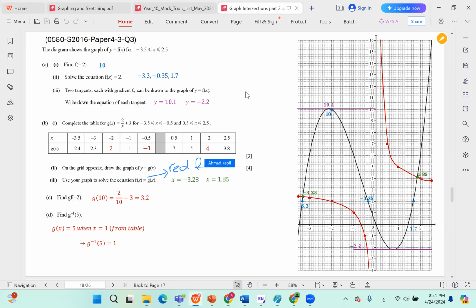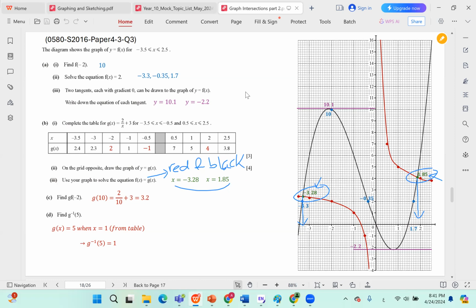So where does the red curve that we drew intersect the black curve that is already drawn in the question? We just find the intersection points, and they are labeled in green here. For these two intersection points, we find their x values on the x-axis, and we get 1.85 and negative 3.28. So these are the solutions to this problem.